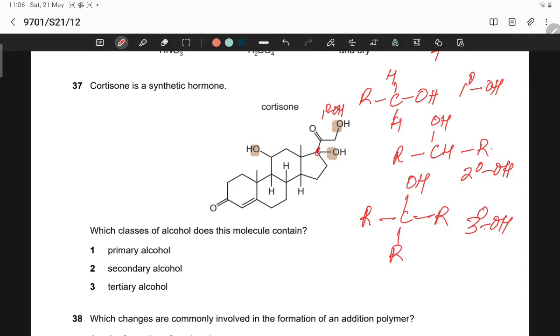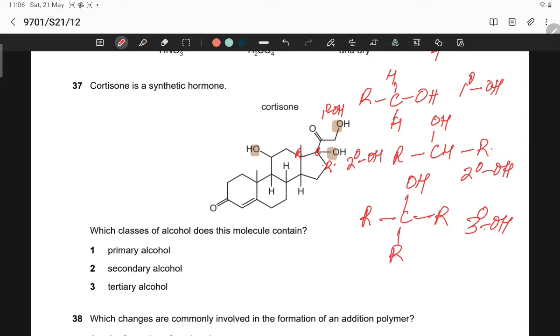Then there are two alcohols, so two R groups are present, so it is a secondary alcohol.